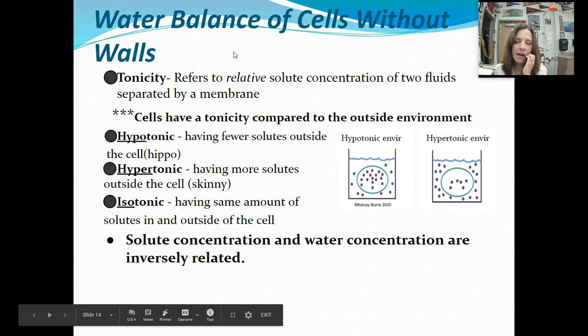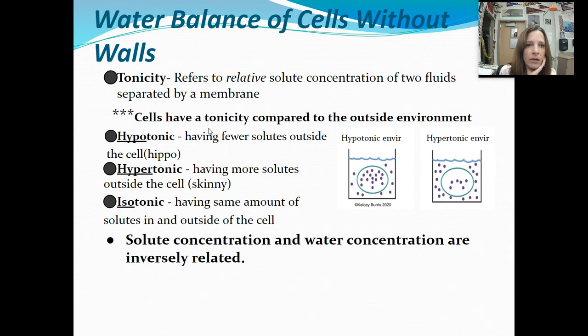So how do cells balance their water? Tonicity refers to the relative solute concentration of two fluids separated by a membrane. So cells have a tonicity compared to the outside environment. If a cell is hypotonic, what that means is there are fewer solutes. So here's an example.